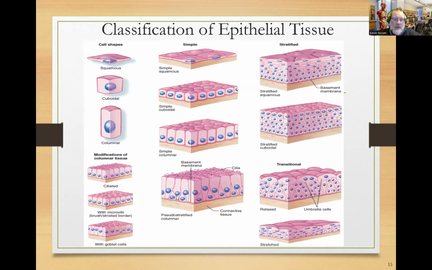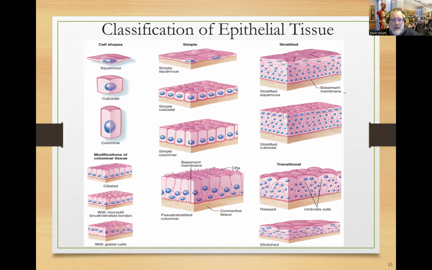They're pseudostratified columnar because they appear to be stratified columns, but they're really single layers of columns, just kind of oddball shapes. Again, we see that basement membrane and then the connective tissue. And then this right here, again, is going to be what they call the surface.